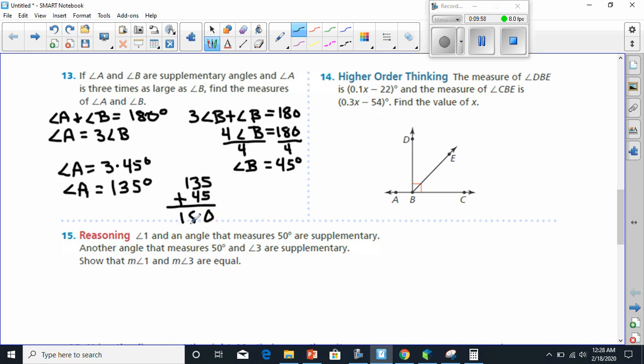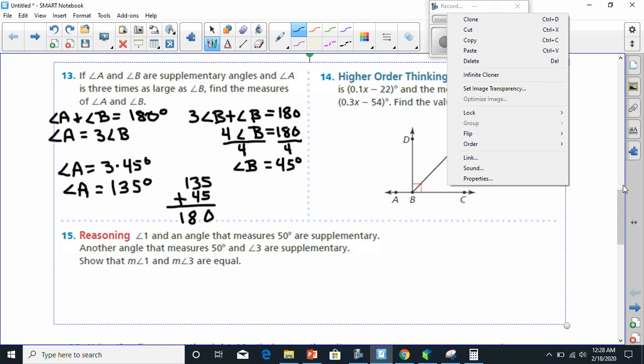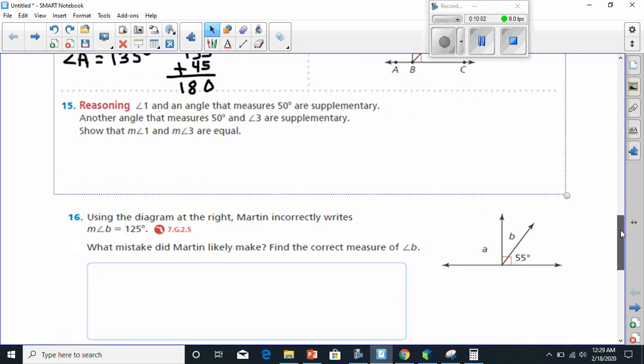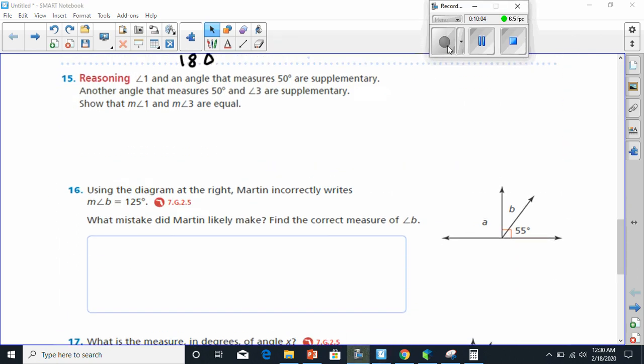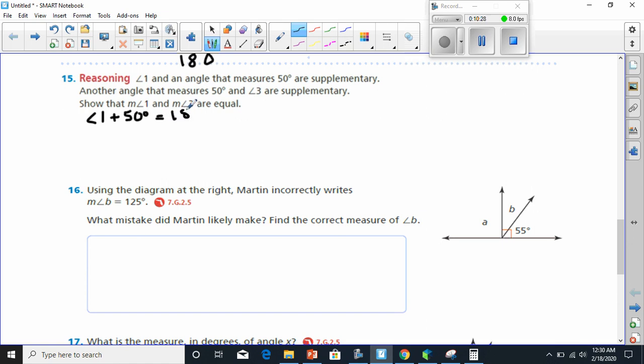All right, we're off to number 15 now. Number 15 says angle 1, excuse me, number 1 and an angle that measures 50 degrees are supplementary. So we know that angle 1 plus 50 degrees, we don't know what angle 1 is, but we do know the other is 50 degrees, is going to be equal to 180.